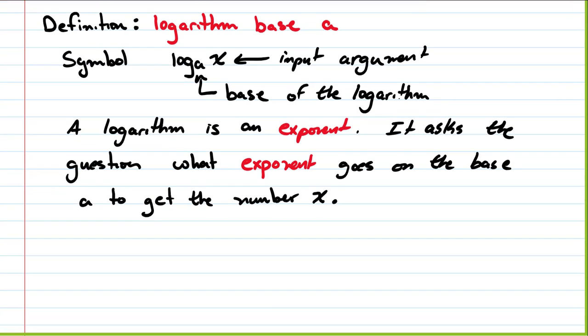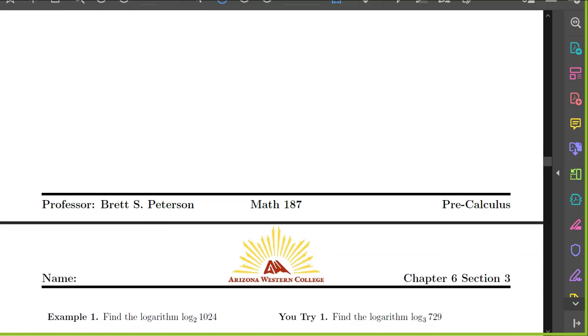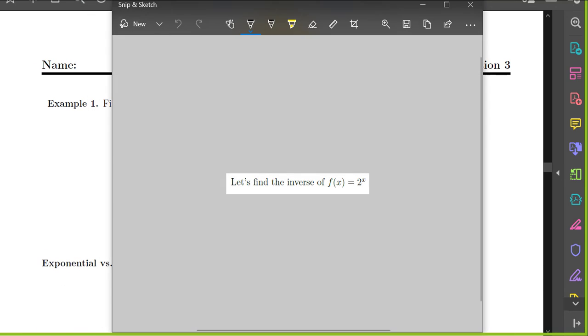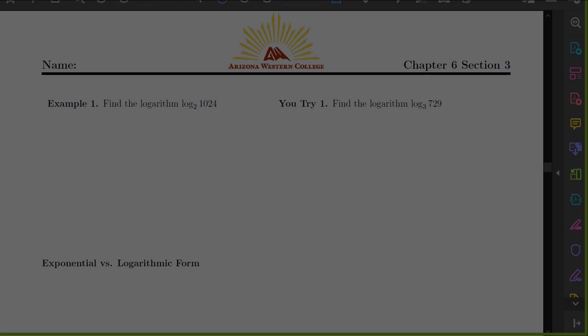All right, so let's go ahead and look at a couple of examples.